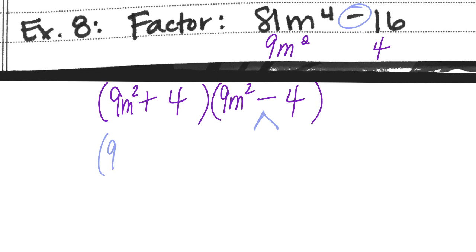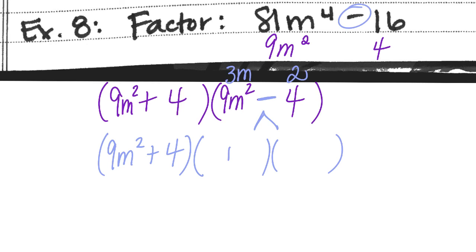This one cannot be factored down, and I'll show you why in just a minute. But this one also has perfect squares. I know that the perfect square of 9m squared is 3m, and I know the perfect square of 4 is 2. Again, it's a difference of two squares, so I need a plus and a minus. So I'm going to put the 3m in the front and the 2 in the back.